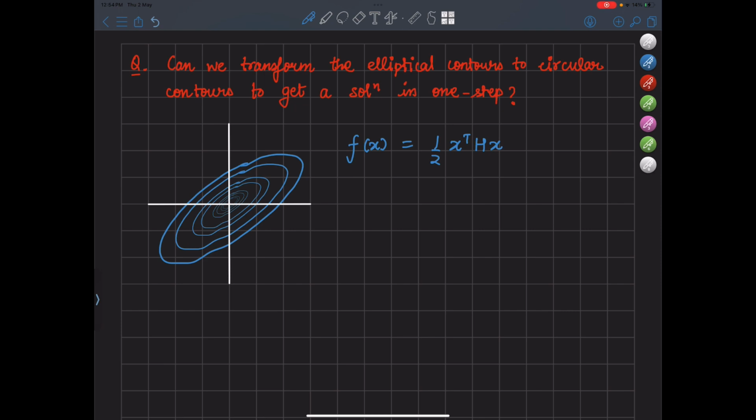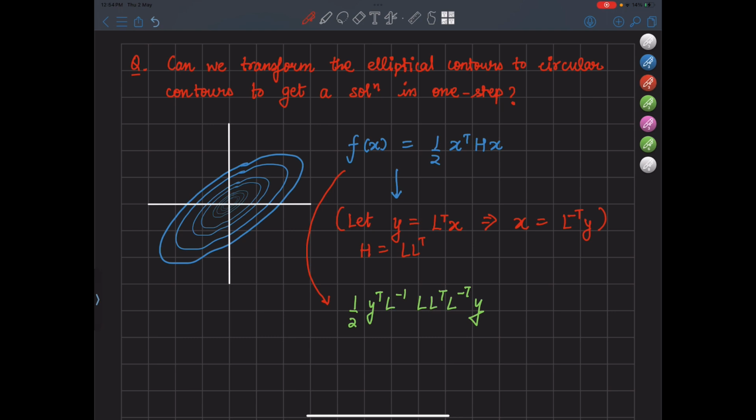If we transform it like this, let y equal to L transpose x, which gives us x is equal to L inverse transpose y, where L is the lower triangular Cholesky decomposition matrix of H. So this will become half of y transpose L inverse L transpose L inverse transpose y.